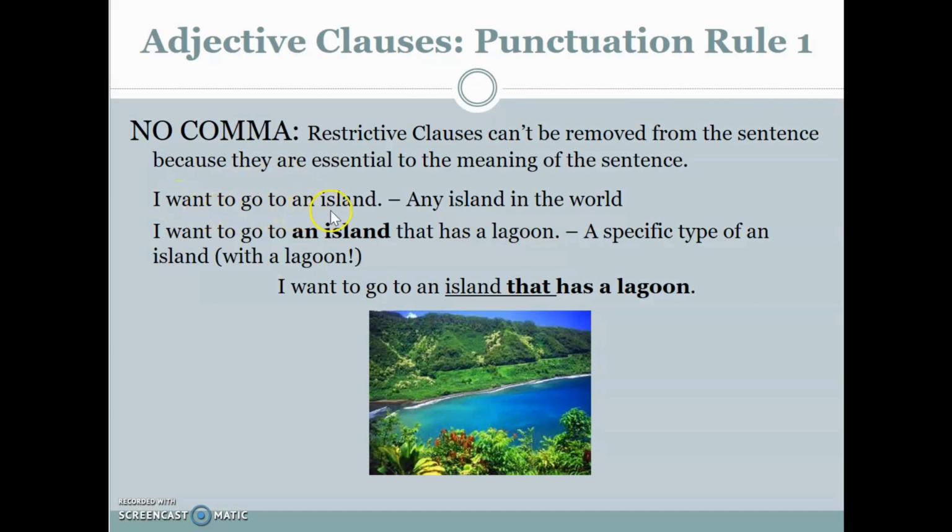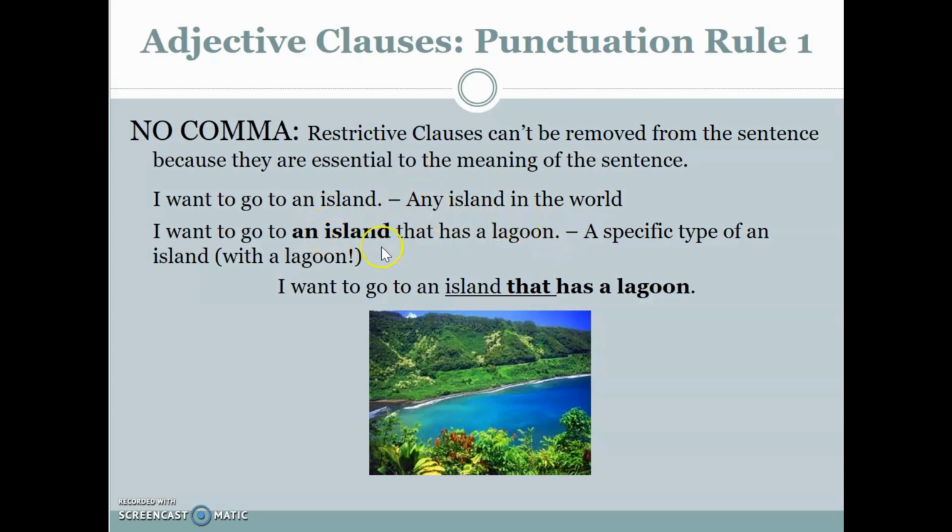I want to go to an island. In this sentence, you mean any island in the world, no specific islands. But if you want to make this island more specific, you add some essential information. I want to go to an island that has a lagoon. Now, it's no longer any island in the world.